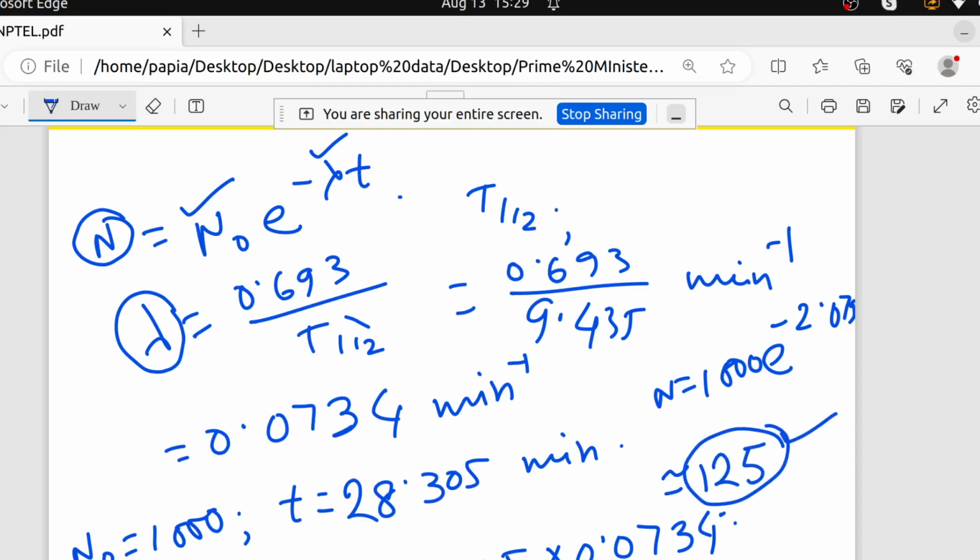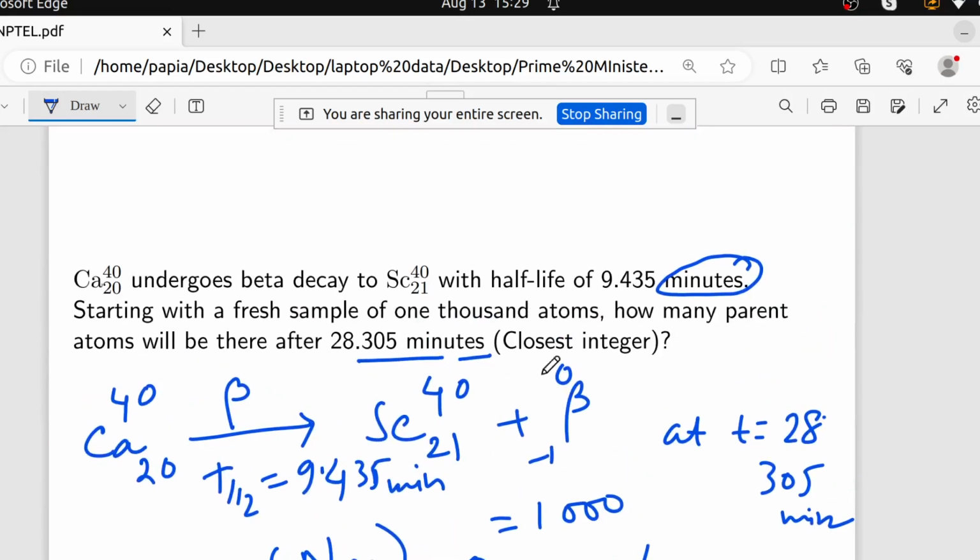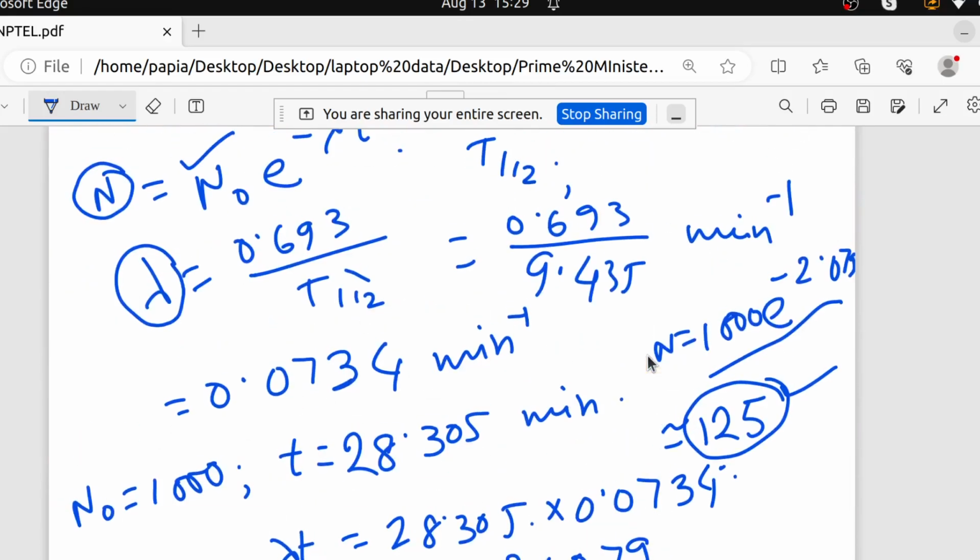This will be the answer. If I multiply this, it gives us 125, so N is 125. The question also says the closest integer. If I write the exact value, it is 125.055, which has the closest integer as 125. So that's why the result is 125.